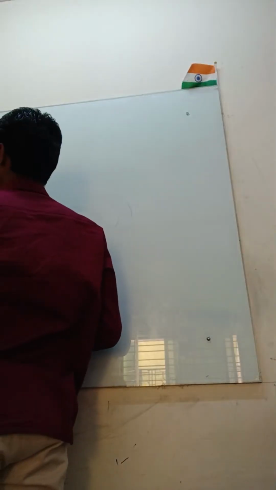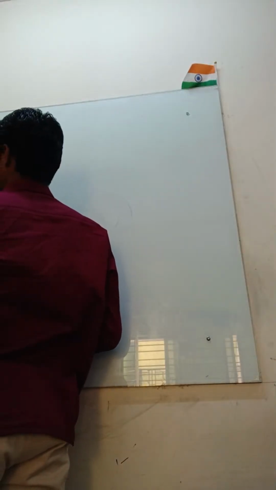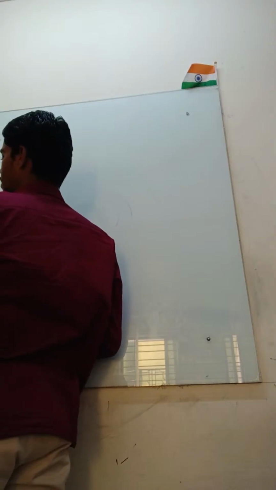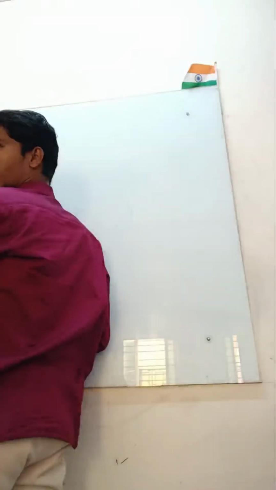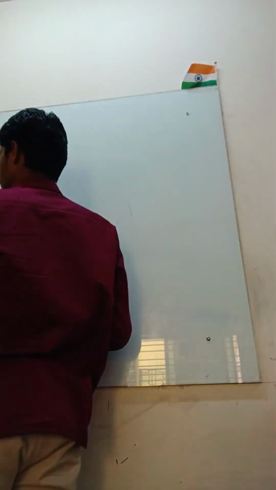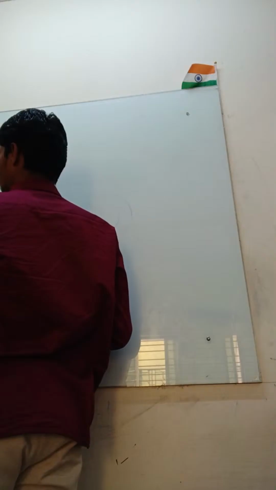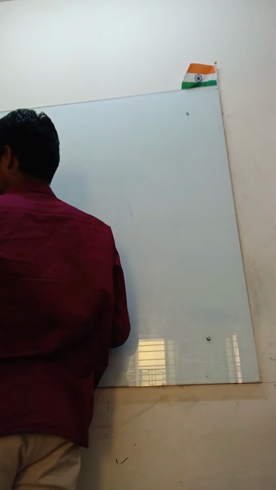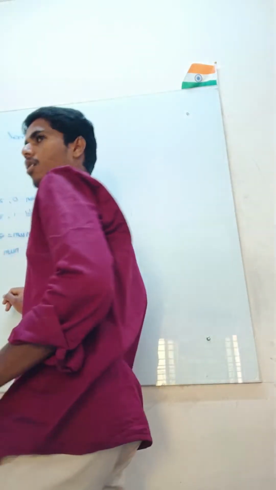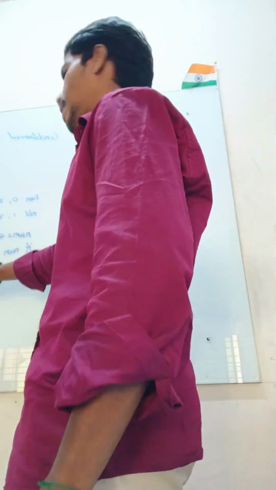A number which is divided by 2. 20 divided by 2 leaves the remainder as 0, considered to be even. Okay. The number is 21. It leaves the remainder as 1, so it is odd. Okay. You should prepare this, otherwise I can't teach you.